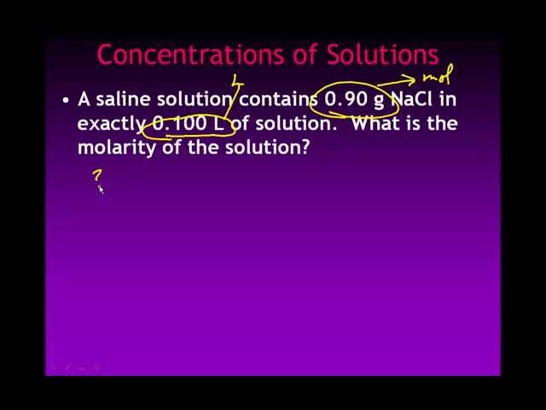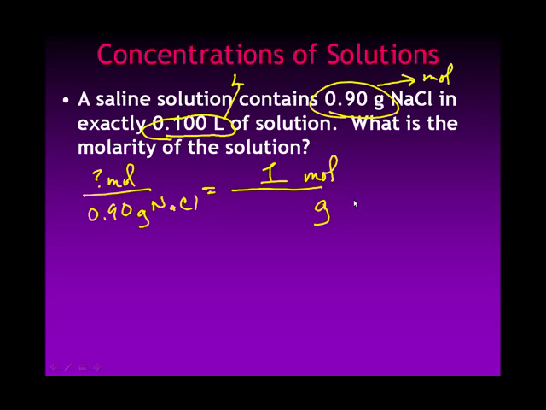To change things into moles, question mark moles over the grams that I'm given, 0.90 grams of NaCl. Carry the units over, moles, grams. Moles is always a 1, and then grams we add up off the periodic table.